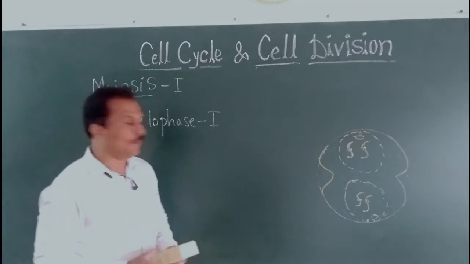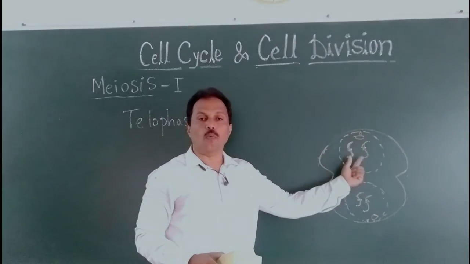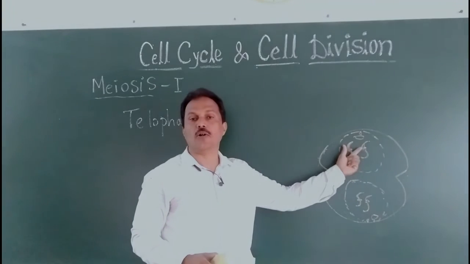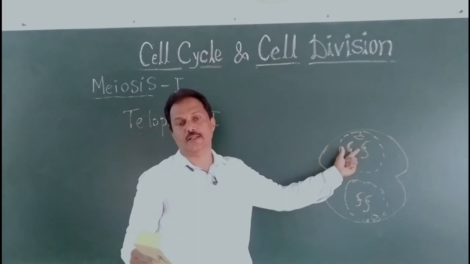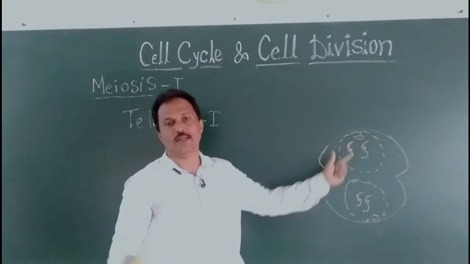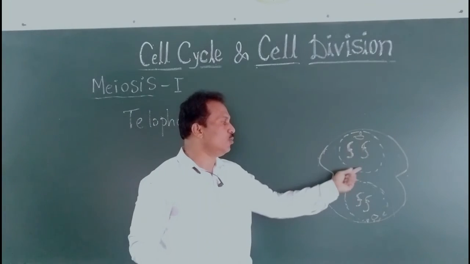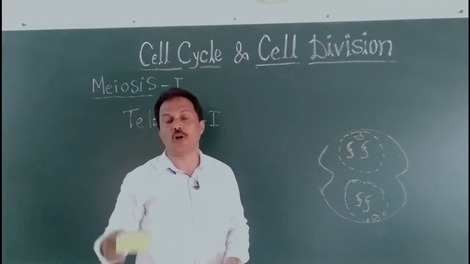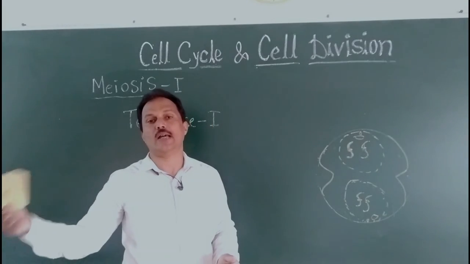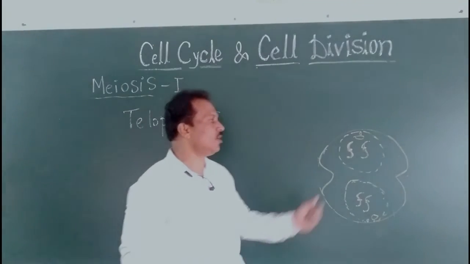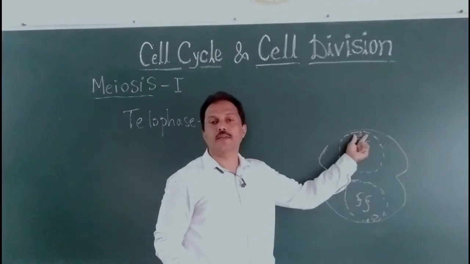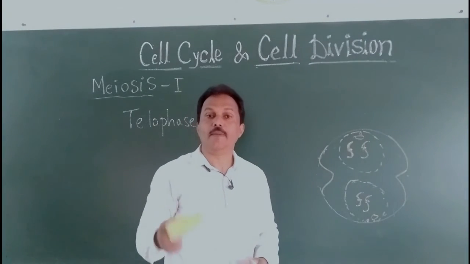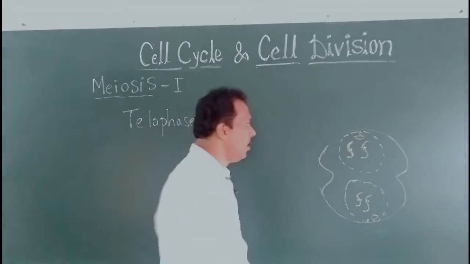What are those? The chromosomes have reached this pole and have got decondensed. They are turning into chromatin fibers. Apart from that, the nuclear membrane reappears, and other membranous organelles also reform.